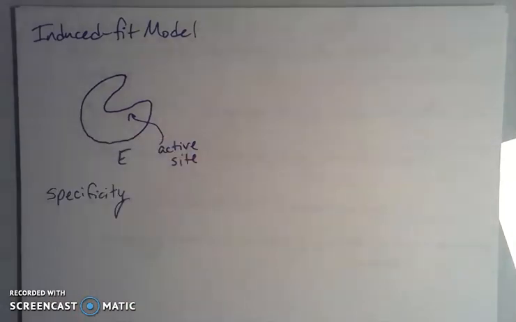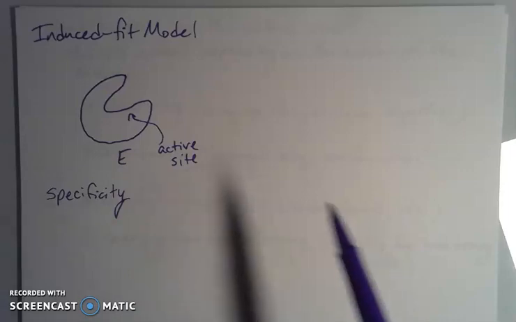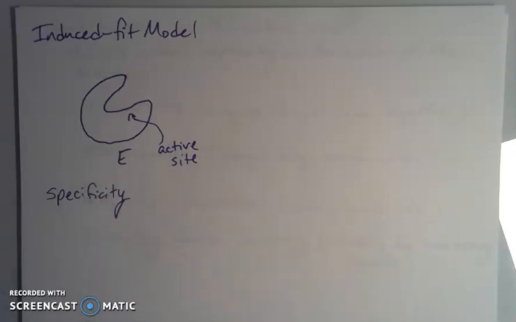So specificity is how specific that enzyme is to the particular substrate, or how specific a substrate has to be for a specific enzyme to work on it. So for example, does the enzyme work for all carbohydrates, or does it only work for disaccharides? Does it work for a specific type of amino acid?